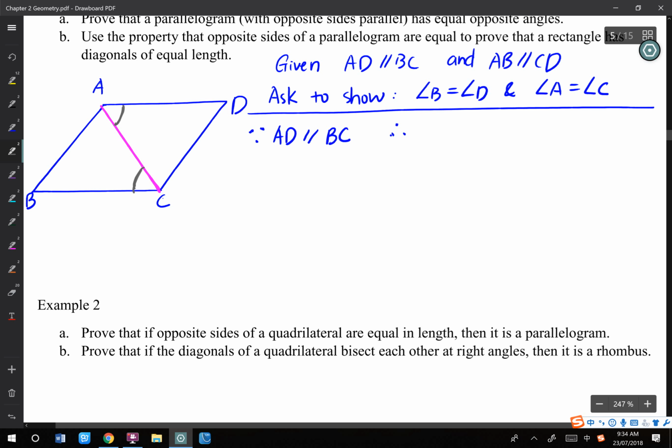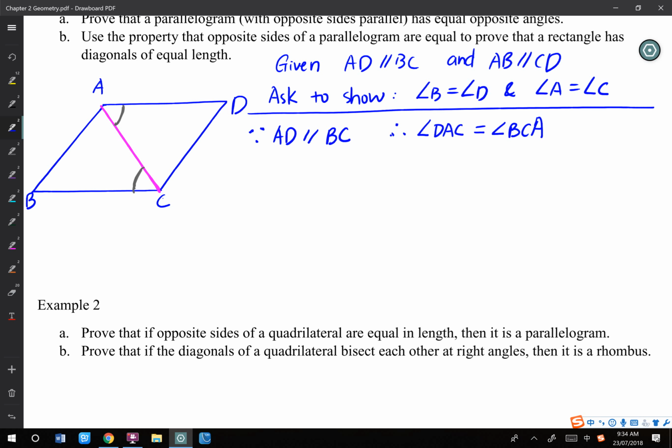So angle DAC equals angle BCA. Okay, because for parallel lines, alternate angles must be equal.